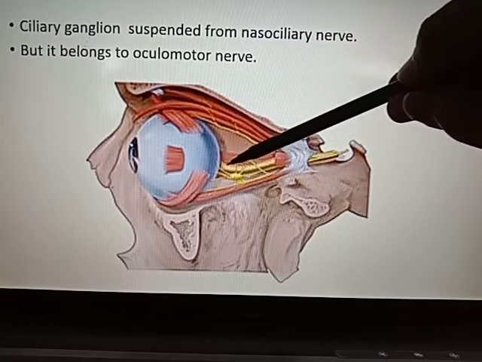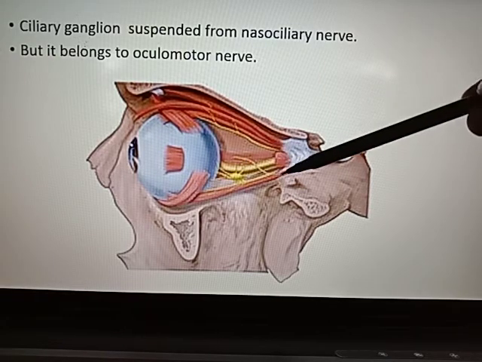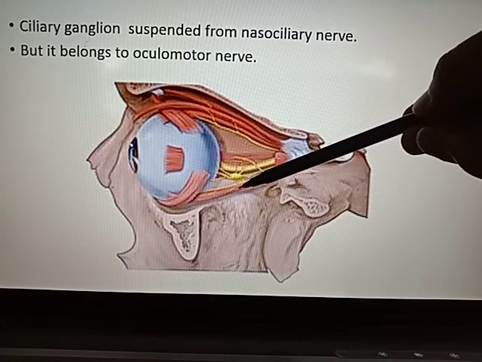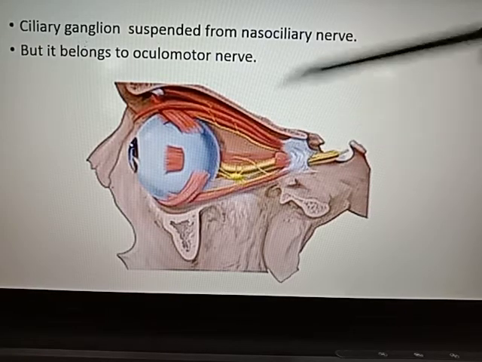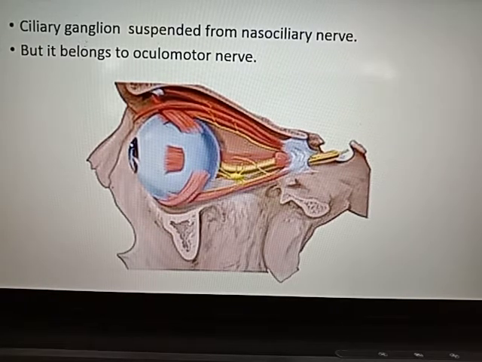This thicker one is the optic nerve. It lies lateral to the optic nerve and medial to the lateral rectus, in between this optic nerve and this lateral rectus, and it hangs from the nasociliary nerve, but it belongs to the oculomotor nerve.